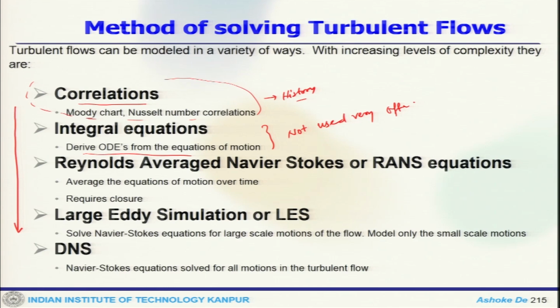Now, the third option, which is the RANS equations, is quite widely used, not only from the academic perspective but also from the industrial perspective, because the calculation time is quite small and you can get reasonably accurate results for large scale applications, and that is where people can consider this one for design calculations.